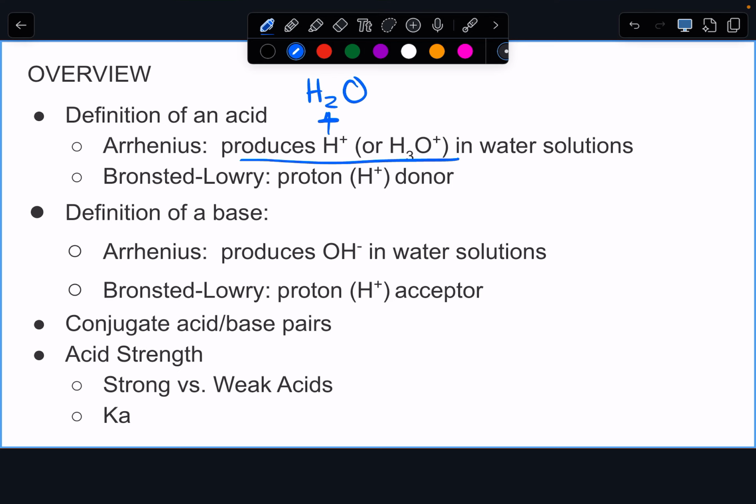And then as I got through last class, I realized why. There's one example when you do it with bases where it just makes sense to include the water. So when you see H plus or H3O plus, they literally mean the same thing. It's just personal preference of whether you include the water in a reaction or not.